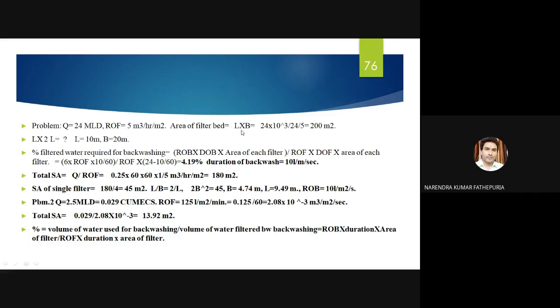The length and width are given. Calculated in meters square, you will get 200 meters square. Length is given as 20 meters.